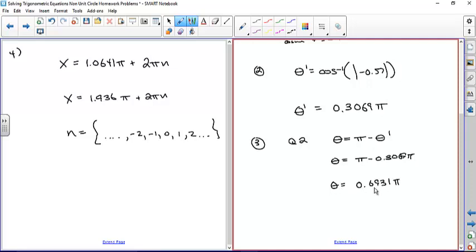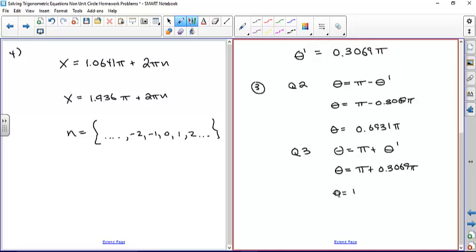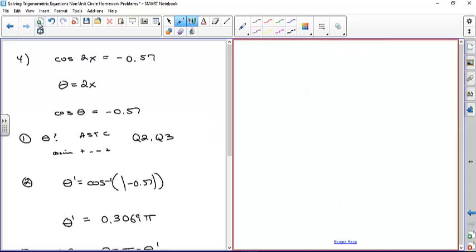So that's my second quadrant solution, and my third quadrant solution is the angle is pi plus my reference angle. So I get pi plus 0.3069 pi, which is a piece of cake, 1.3069 pi. So that's my third quadrant solution.